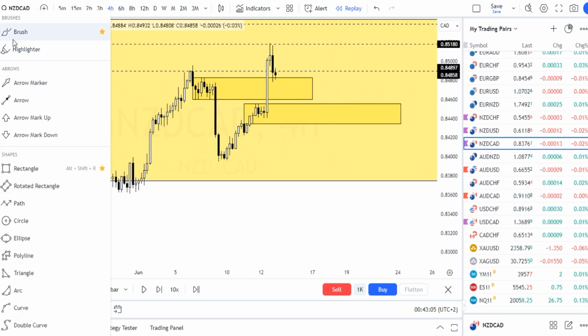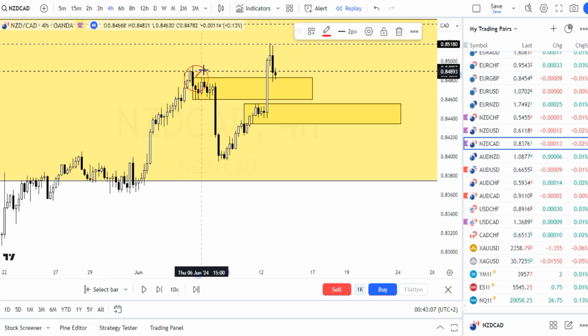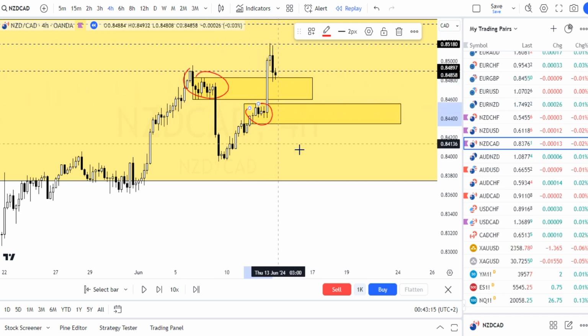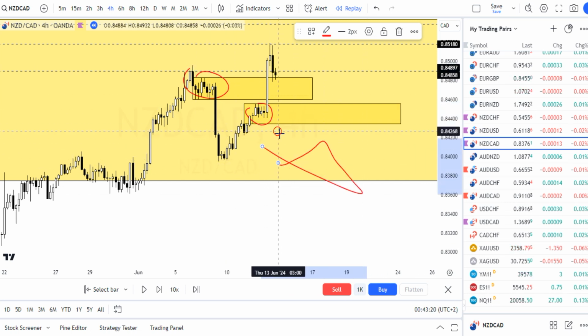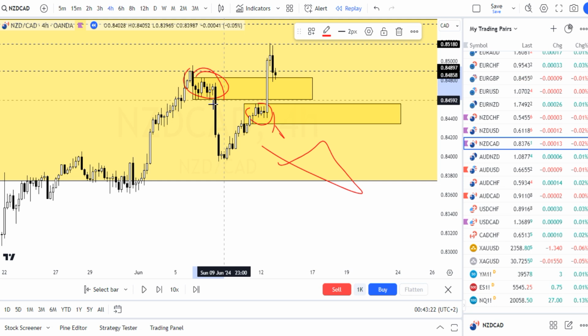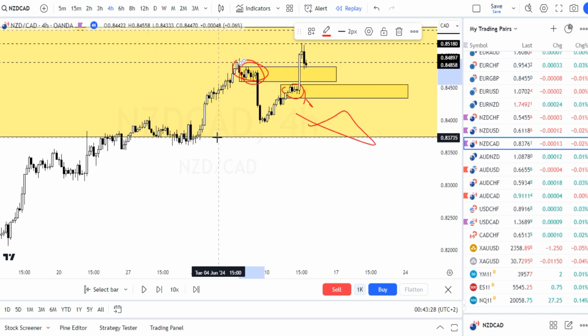Many people see these as supply, but for me it's not a supply, and this is a demand, but this demand is sitting in the weekly zone, so this is not a good demand. Also this is not a good supply because it did not eliminate the opposite direction demand. Okay, it did not eliminate this one.